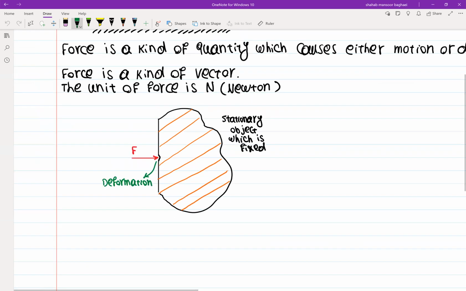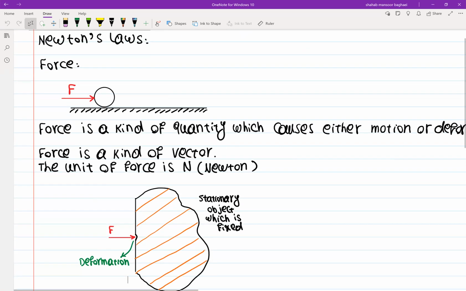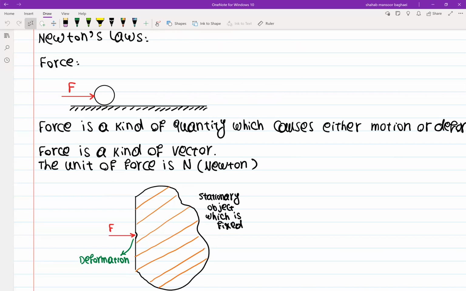Actually, Newton was a physicist and he focused on many important problems in physics, and he discovered many laws that are so important, and we need these laws frequently in physics theory.